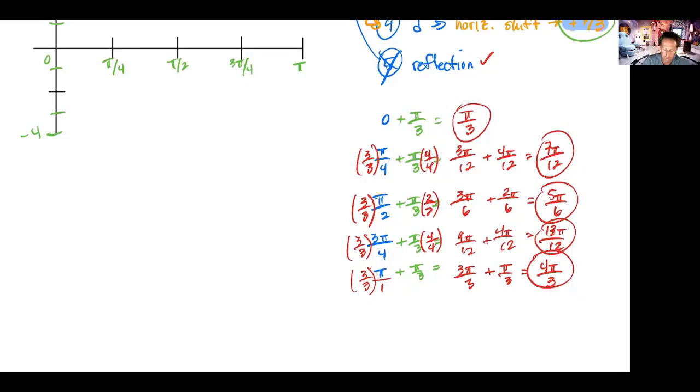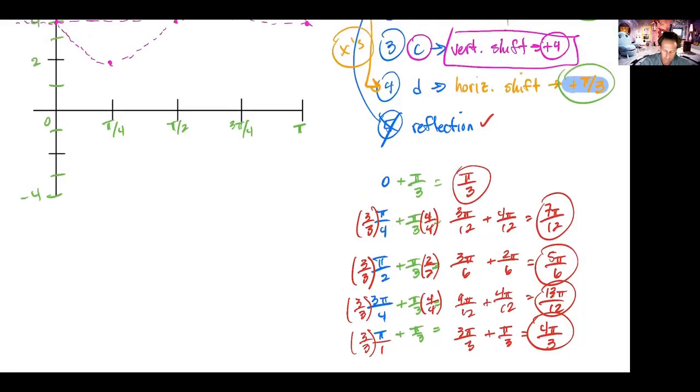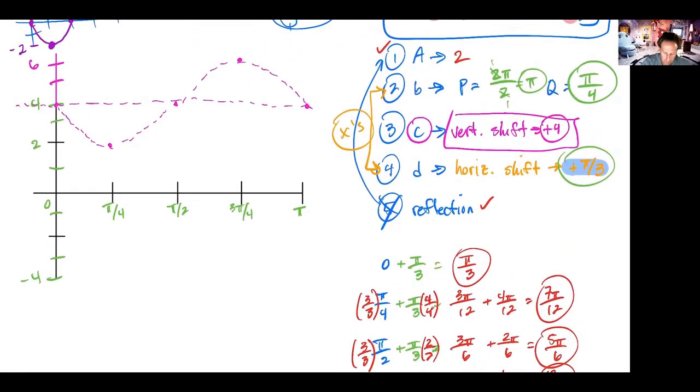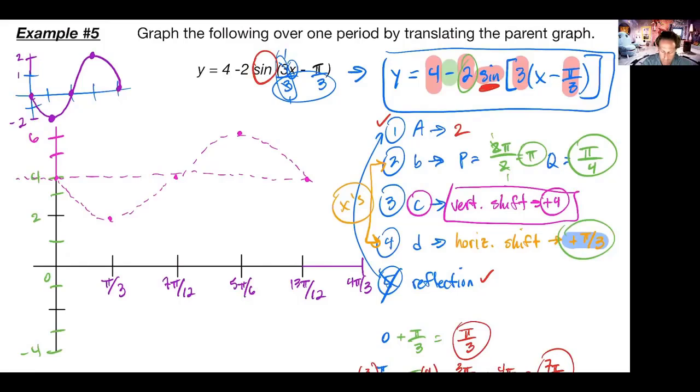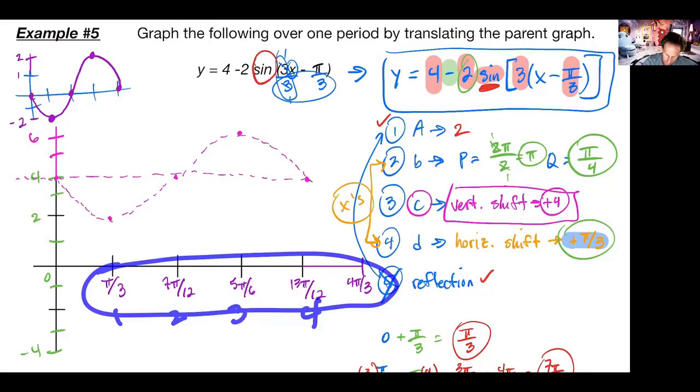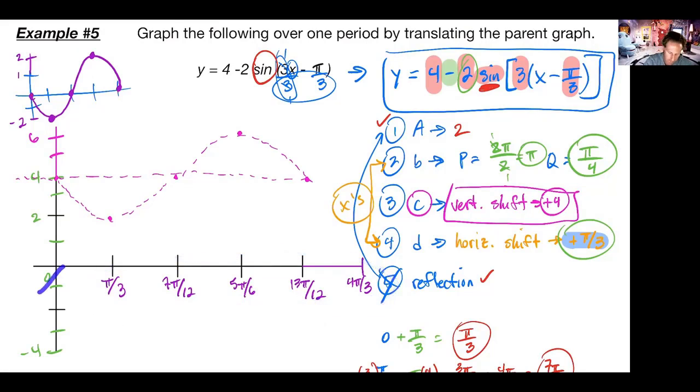Okay, so my new 0, I would have started at, instead of pi over 4, we are going to start at pi over 3. So I'm just going to erase those, do some shifting on this, and we will be done. So now that I have those written out for my shift, remember this is 1, 2, 3, 4, 5 key points. 0 is no longer going to be there.